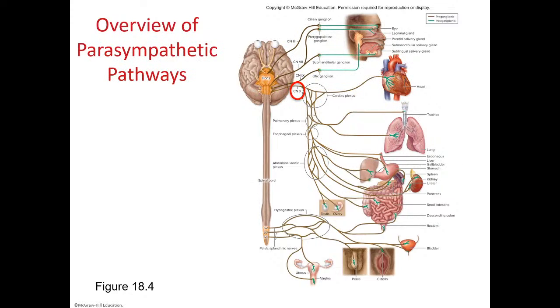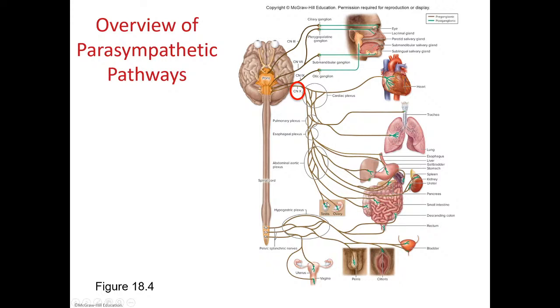All right, so parasympathetic pathways. You can see cranial nerve 3, 7, 9, and 10. 10 is really important. That's the vagus nerve. The vagus nerve innervates the heart, the smooth muscle around the trachea, in the bronchioles, the digestive organs, pretty much all of them, as well as the accessory organs, and the spleen.